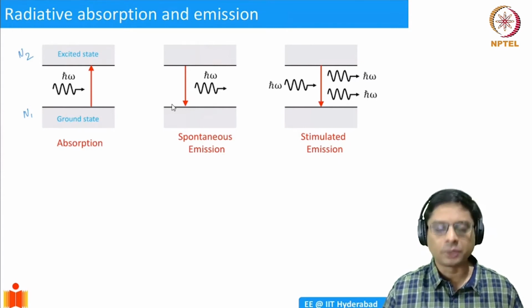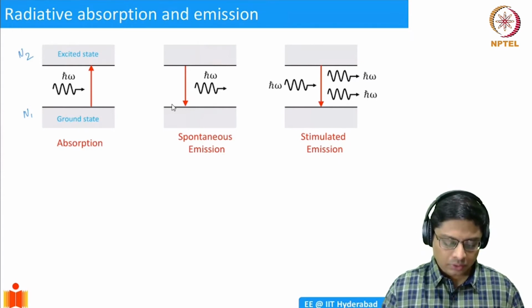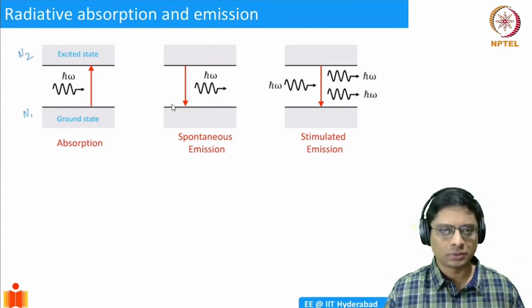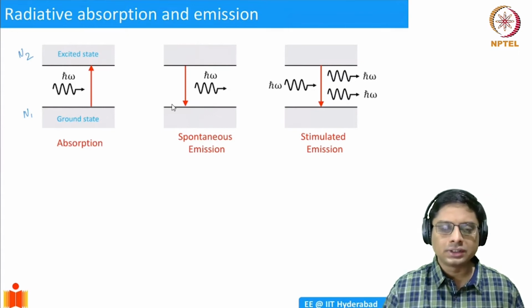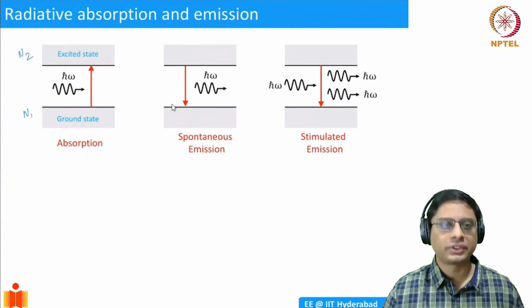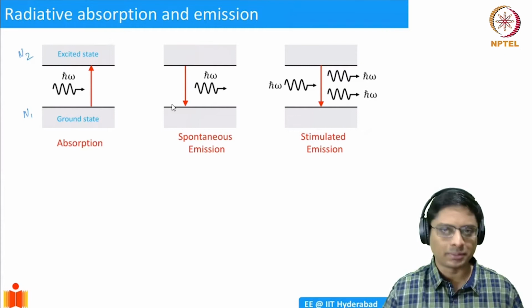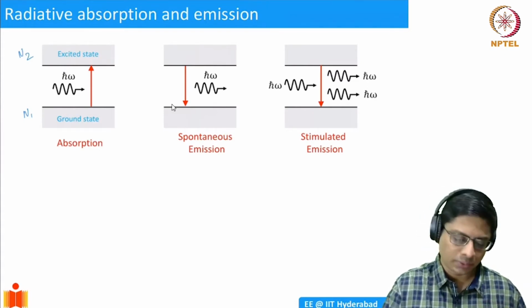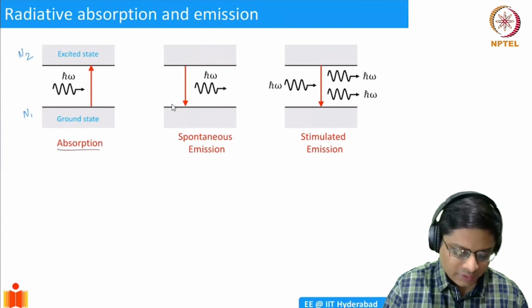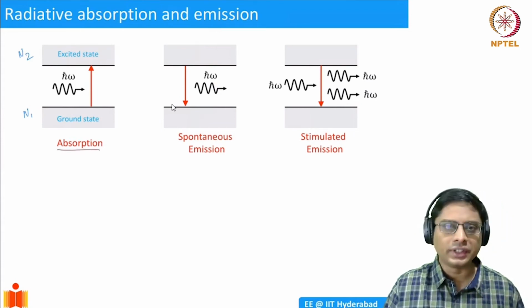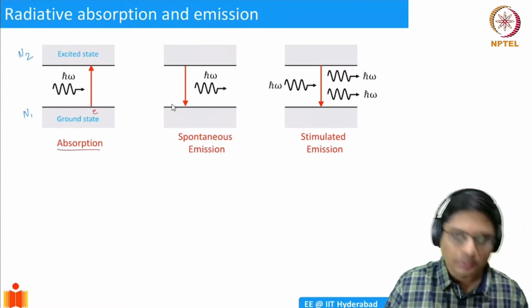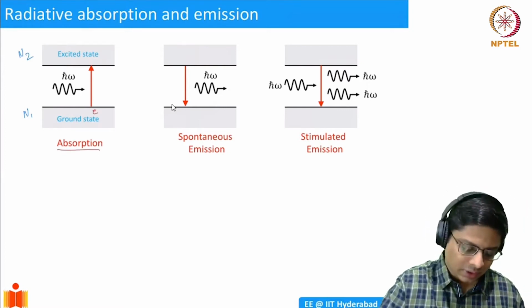Okay, or optical material. So on a two-level system, if you have a photon incident, what happens? Well, it turns out that there are three different processes that can happen, and we will study them in some detail right now. The first process is what we call absorption. So this is already familiar to us. When a photon is incident on a material, it can take, let's say, an electron from the lower state to the higher state.